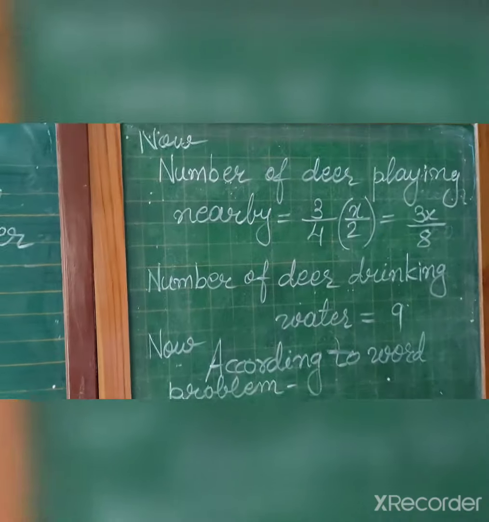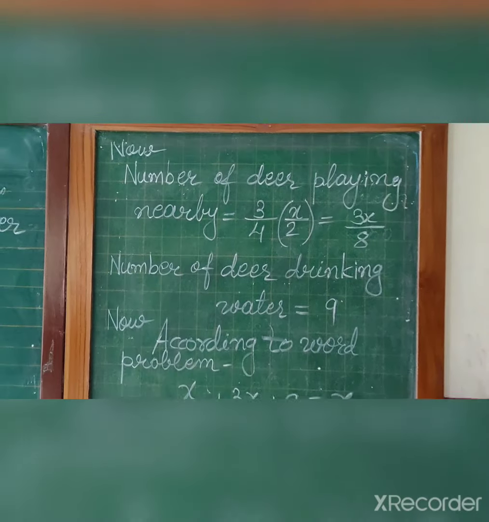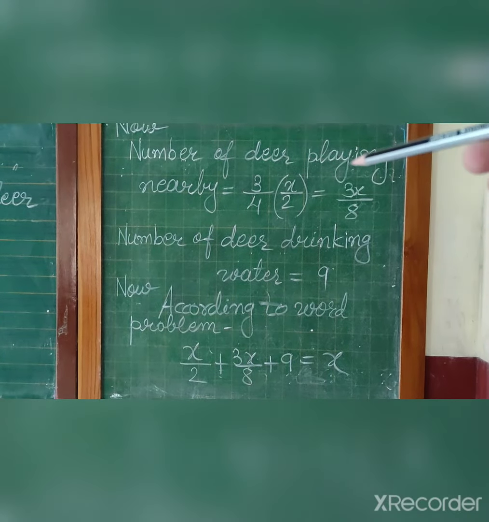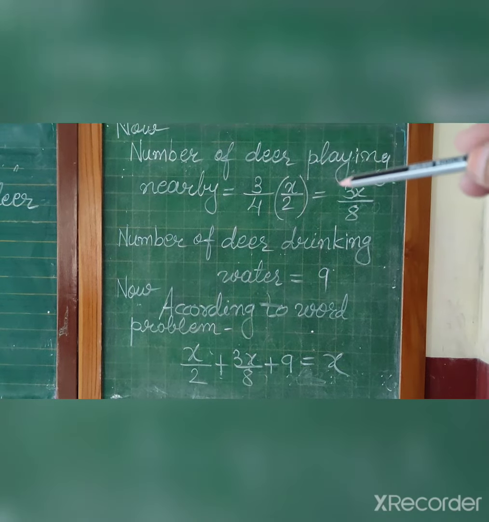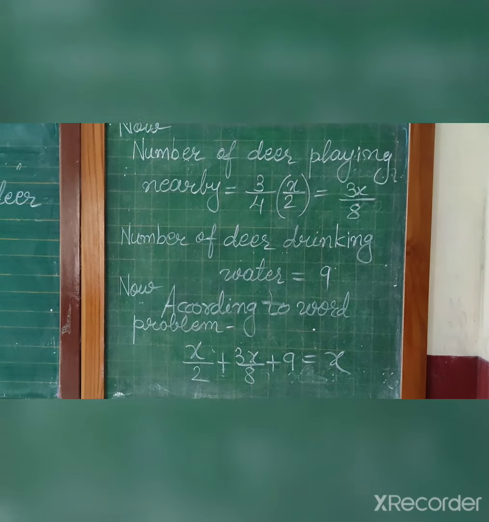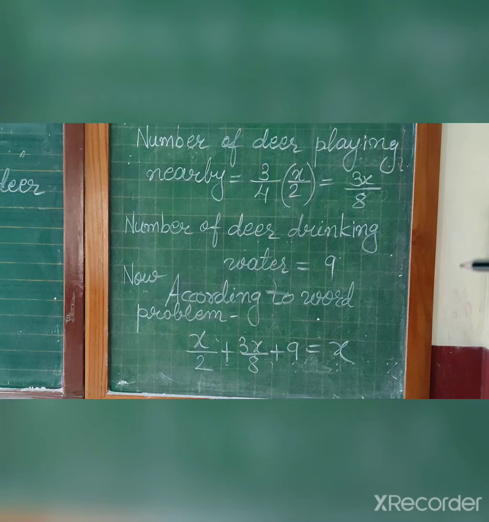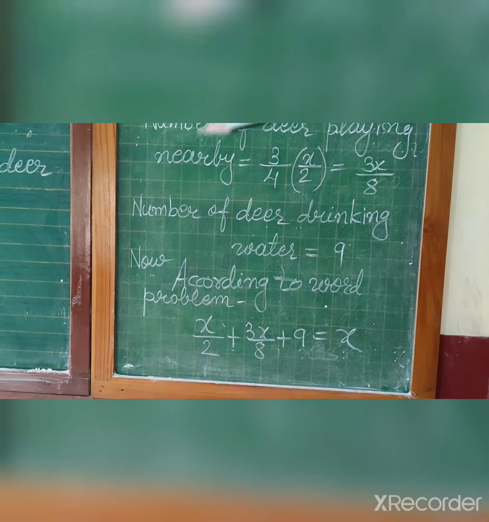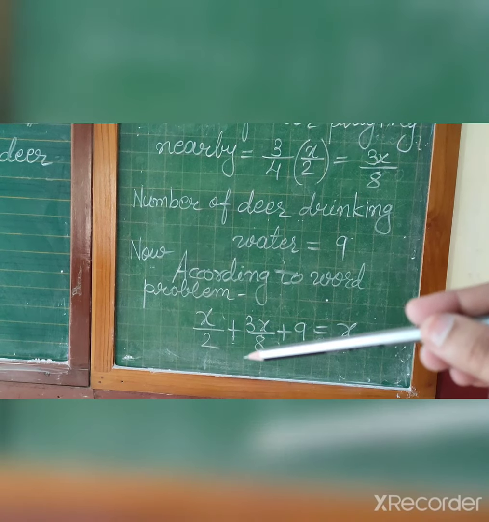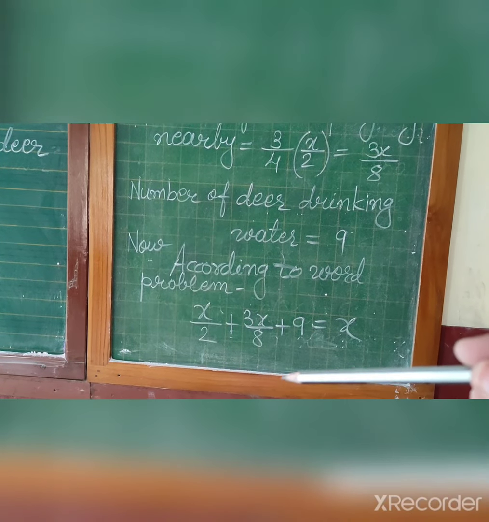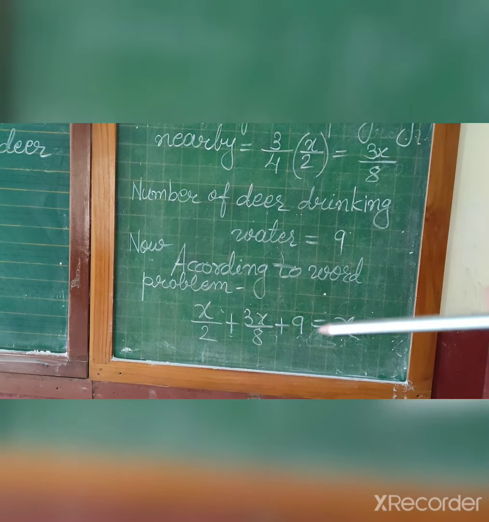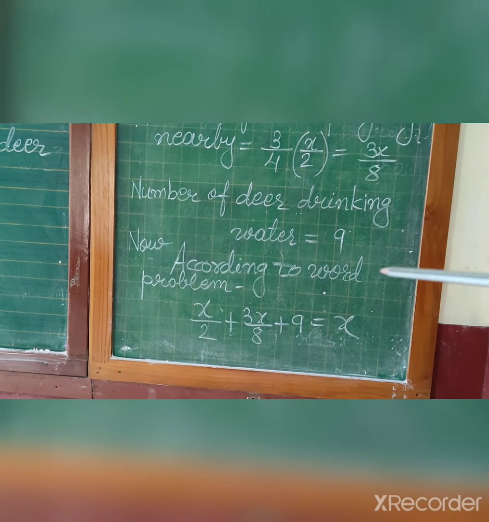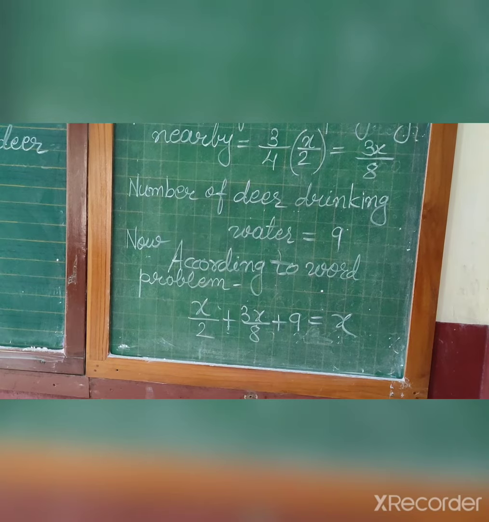Now number of deer playing nearby, 3/4 of half left number of deer. So 3 into x and 4 2s are 8. Now number of deer drinking water is equal to 9. Now according to the word problem, x by 2 grazing in the field, 3x by 8 playing, plus 9 deer are drinking water. So total number of deer we will get, that is x.